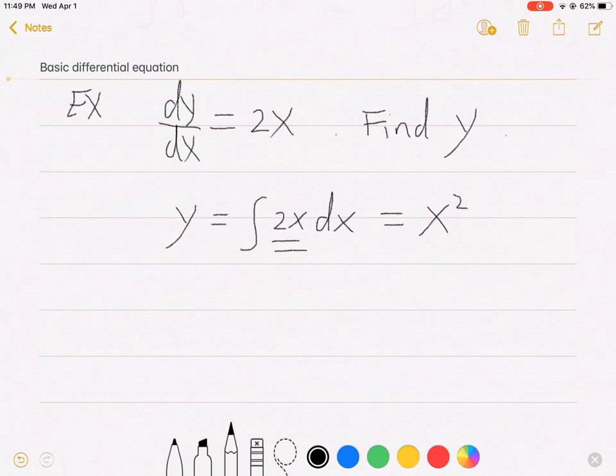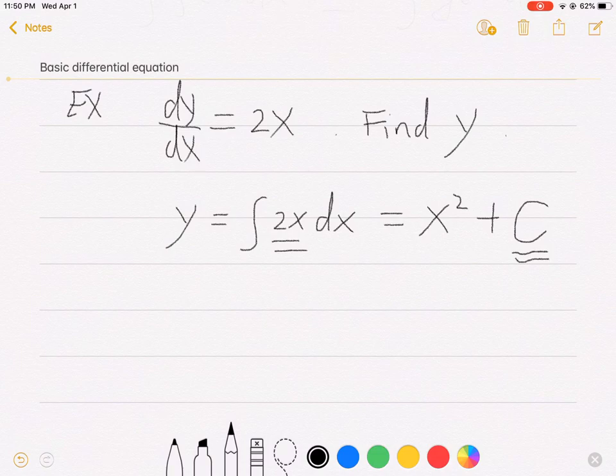But this is just one antiderivative. We need all the antiderivatives. So we need to add a constant. Don't forget to add a constant. This is very important for indefinite integration. So you see we have infinitely many solutions.